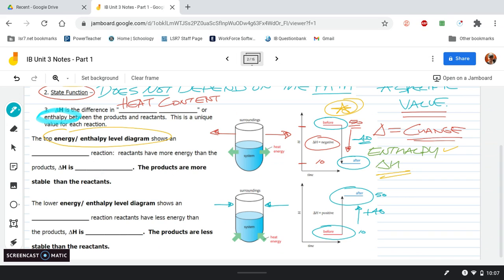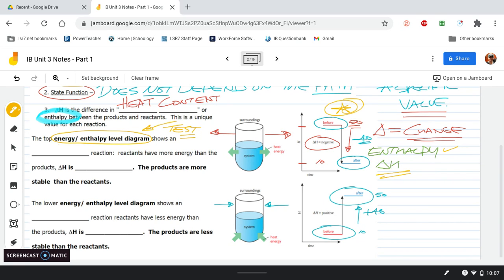Okay, so let's zoom out again. Let's fill in these notes real quick. You want to know this term, energy or enthalpy diagram, because sometimes on the test they have you draw one of these, which is really easy. They only have two shapes.